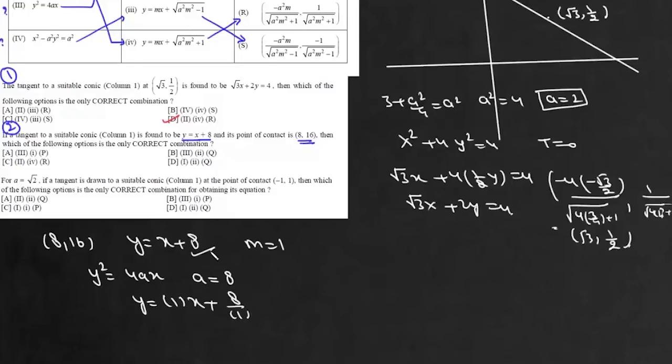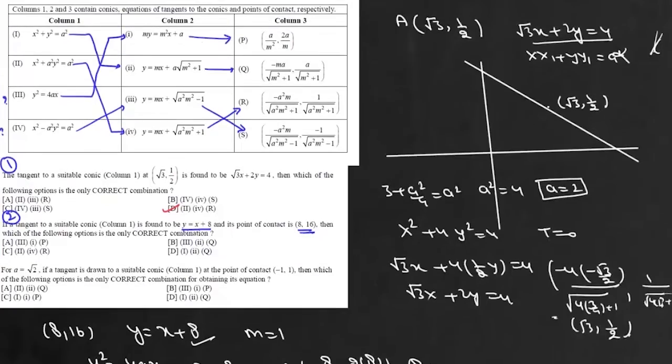That means this is the equation of tangent, and the point of contact is given by a upon m square and 2a upon m. So it will be this 8, 16, which is the given condition. So it will be this parabola. Third, it connects with 1 and p. So it will be 3, 1p. And that's your option A.